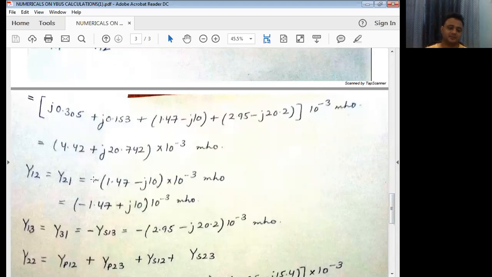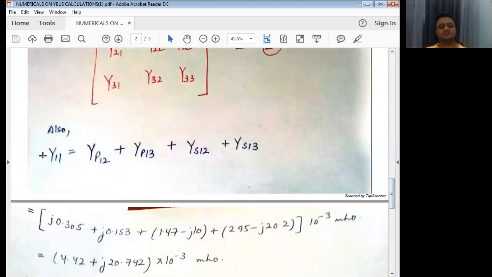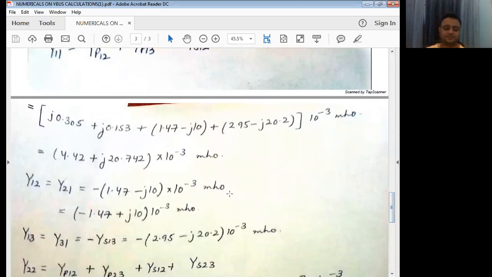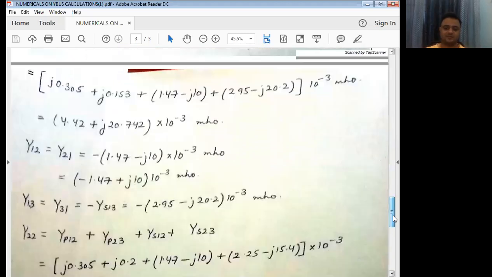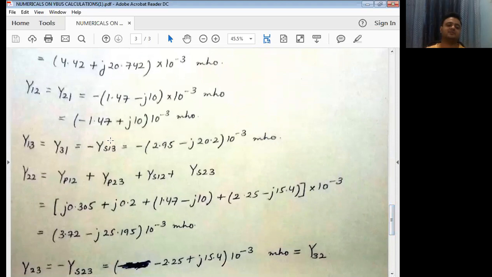These are known as driving admittances, and this is known as self admittance. Self admittances are the combination of series and shunt elements, whereas driving admittances are the combination of only series elements. So you have to take the negative of the series element. Similarly for Y13, you have to take the negative of the series admittance.